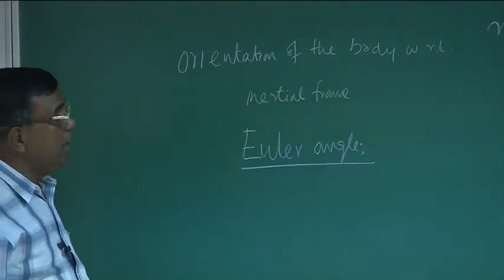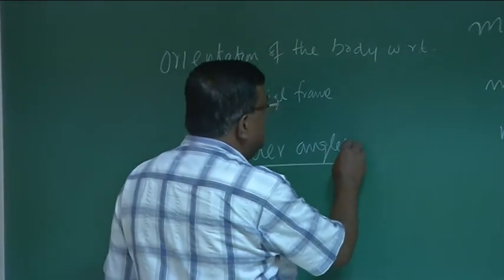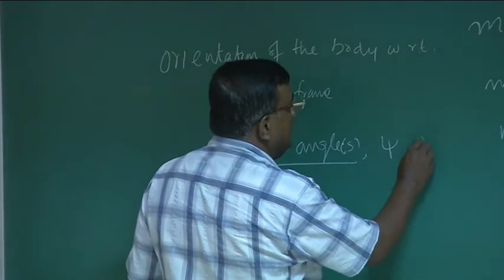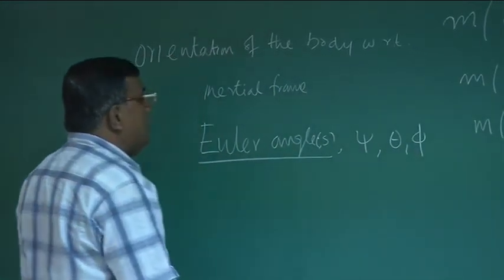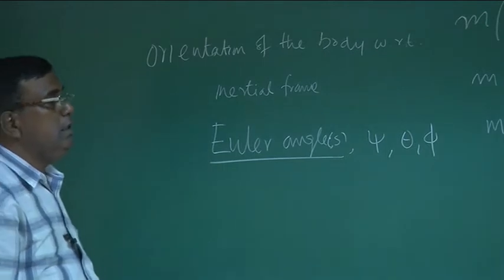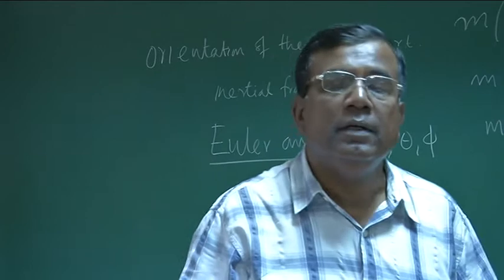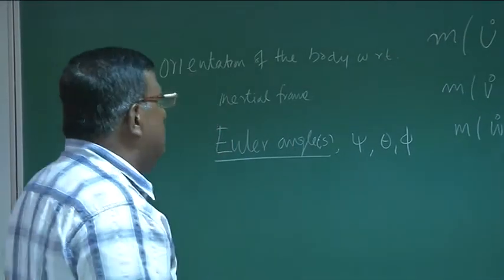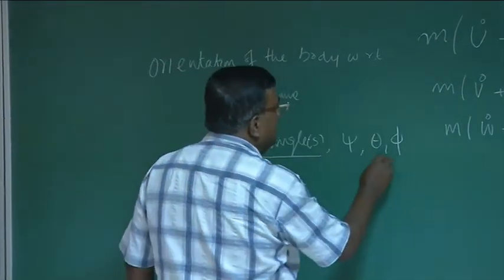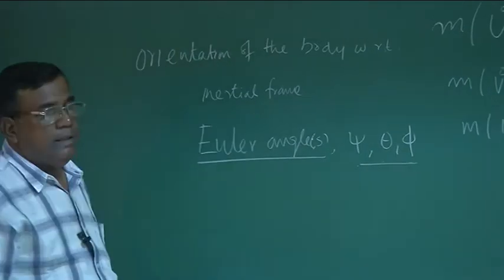We define Euler angles, which are psi, theta, and phi. Please note that when you define Euler angles to locate a body in free space, the order is very important. The order should be psi, theta, and phi. That is extremely important.